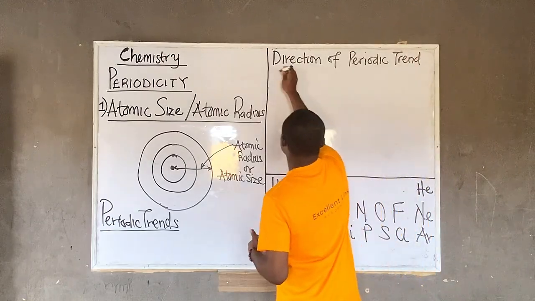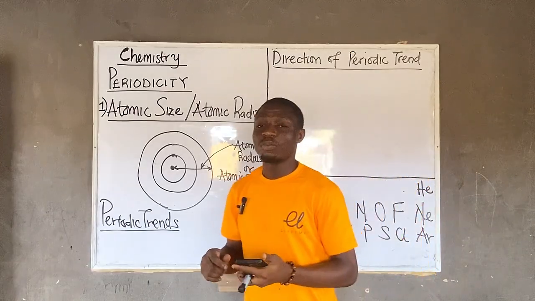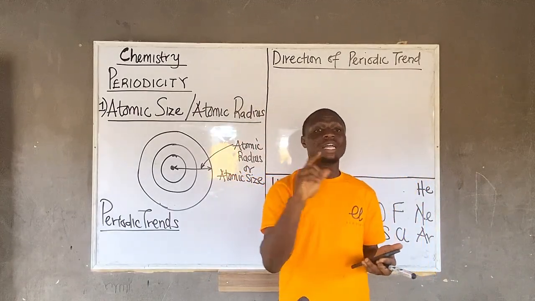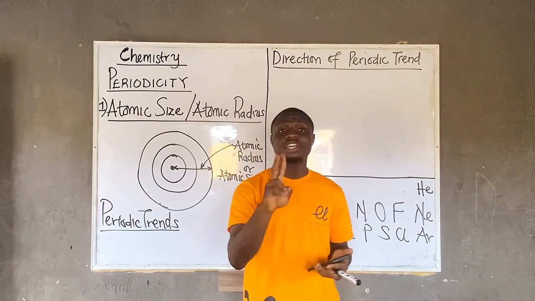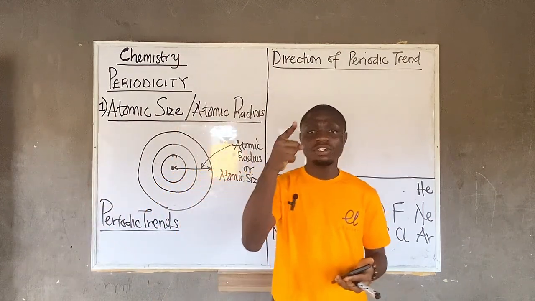So basically, there are two directions when it comes to periodic trends. We have across the period, and then we have down the group.